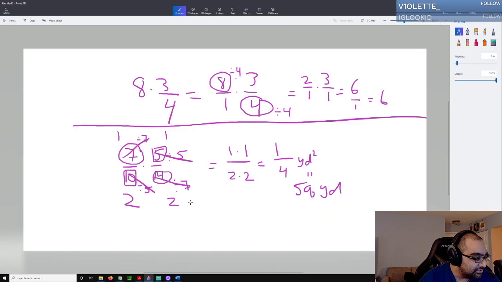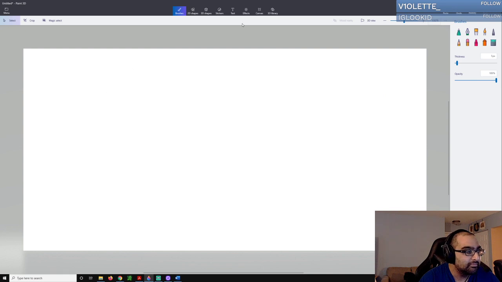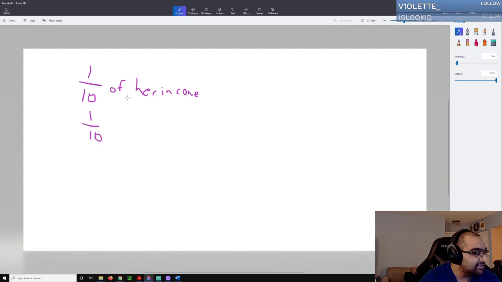So let me go back here. We get 1/10 of her income. So that's going to be 1/10, and then "of" will be multiply, and then her income, whatever that is.